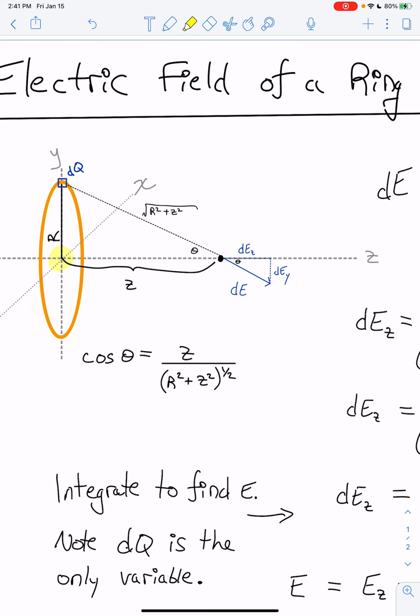If you are exactly in the center, what's the electric field? 0. Because the components of all the little dQs are going to have a symmetric partner on the other side of the ring that's going to identically cancel out that contribution. So you add them all up and you get 0.